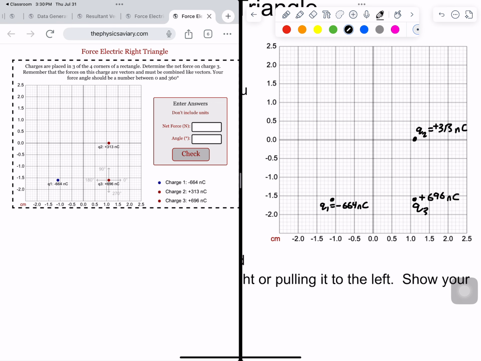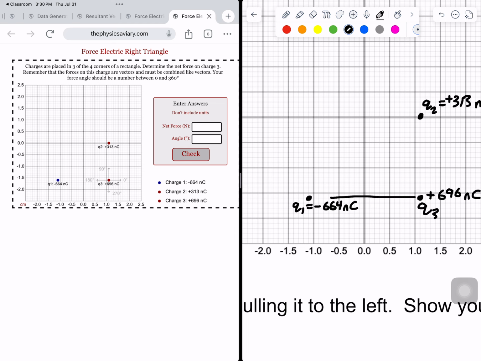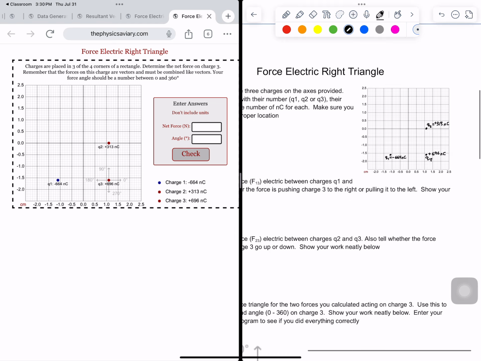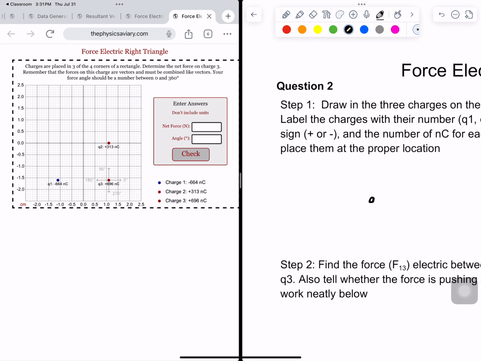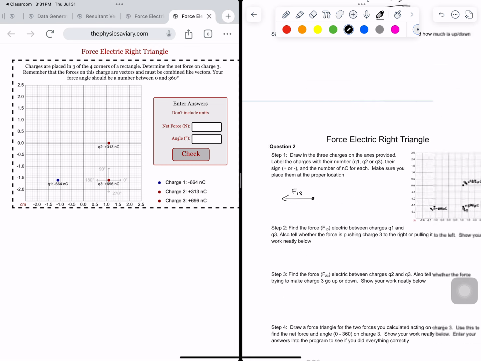Let's see what your arrangement is. Make sure you draw your arrangement. So for me, charge 1 is pulling charge 3 this way because you can see they're opposite in sign. So I'm going to make a picture of that, and I'm going to make a picture over here showing what's going on. So for me, this is force 1-3 going to the left.